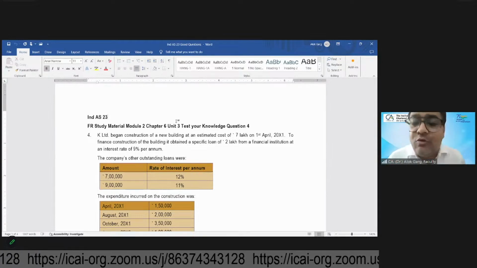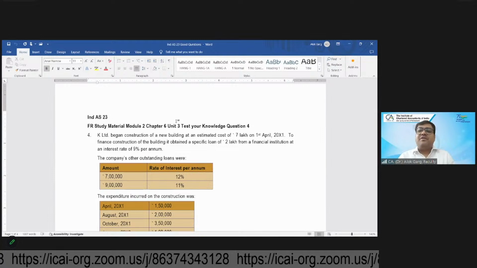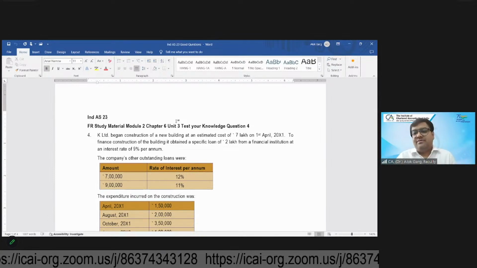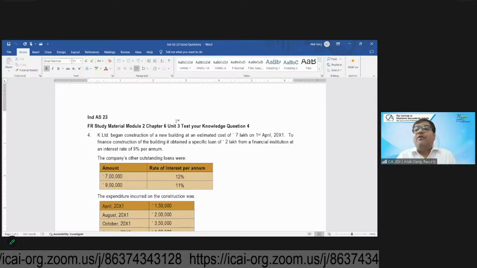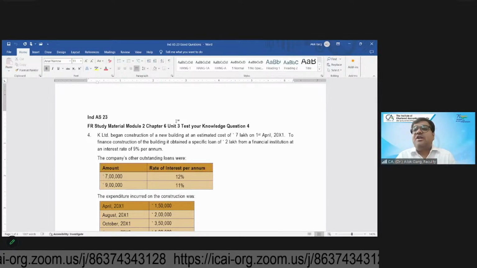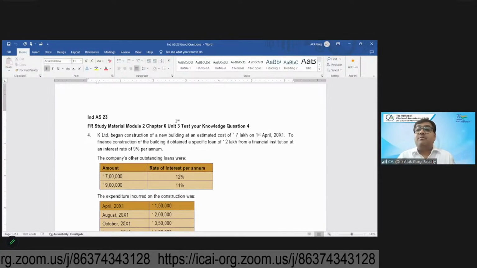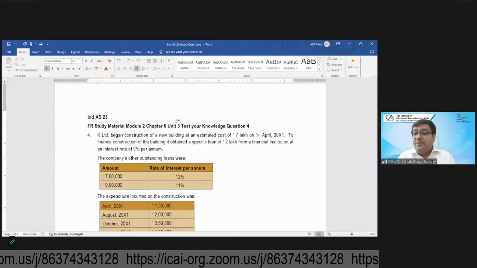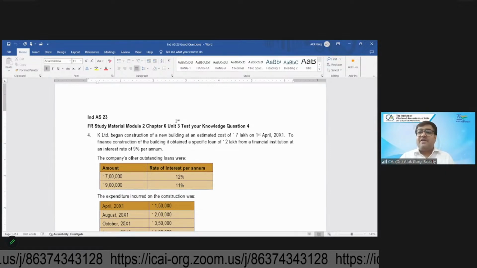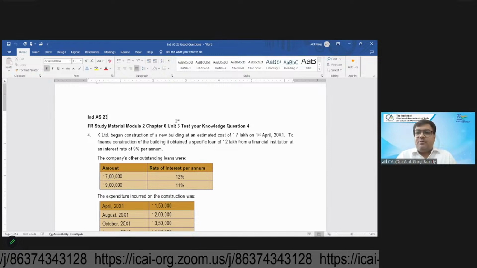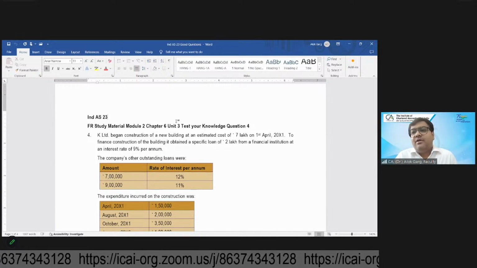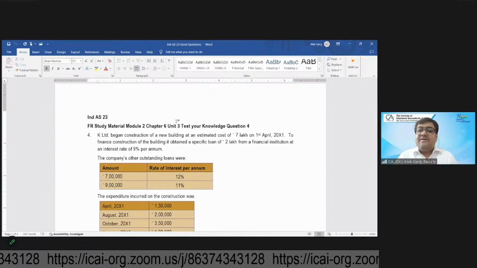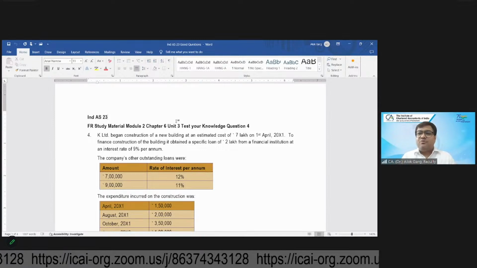What is a general loan? Generally, big companies procure funds from various sources and make a pool of the funds as a general pool. Like you have seen a swimming pool: the water is coming from four sources, but a swimming pool is a pool of water. So the Treasury Department has 1,000 crore of funds, and these funds have come from various sources.